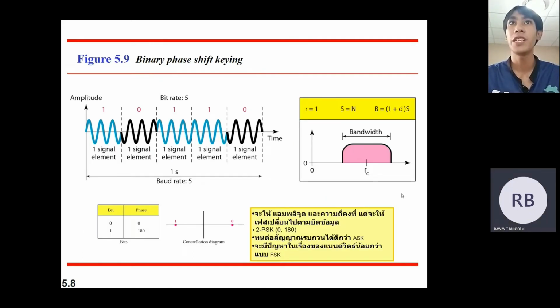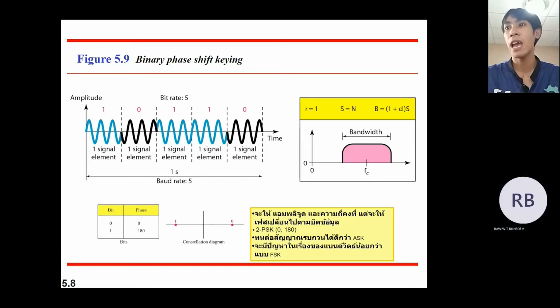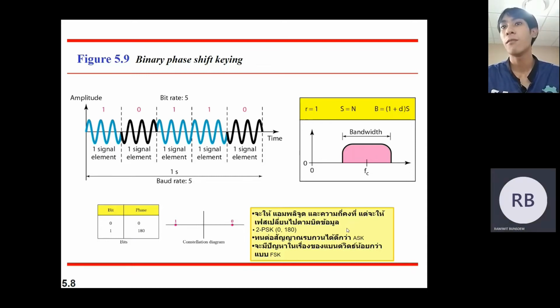Binary phase shift keying. In binary phase shift keying, amplitude and frequency are not changed, but phase is changed according to the bit information. It is more resistant to noise than ASK, and its bandwidth is less than FSK.